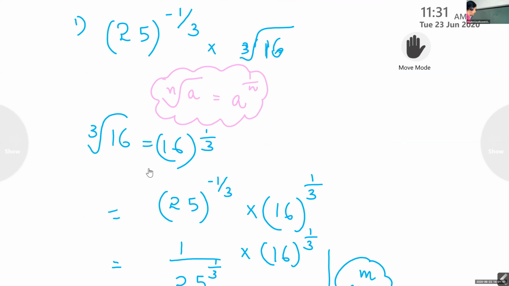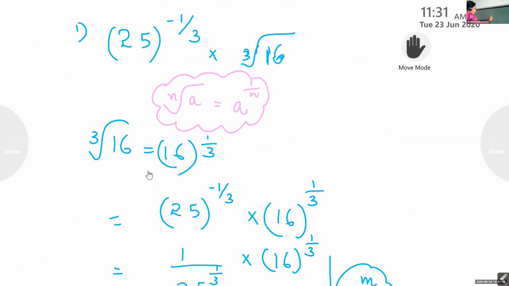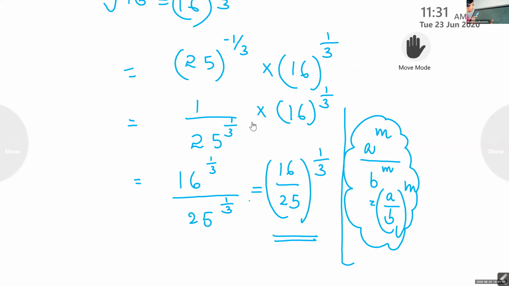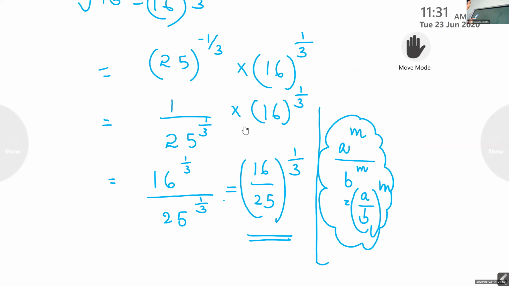See, this is our question. First step, we wrote cube root of 16 as 16 raised to 1 by 3. When we substituted that 16 raised to 1 by 3, here it is 25 raised to negative 1 by 3. You have to make the power same, base we cannot make same because 25 and 16 are entirely different numbers. So make the power same.